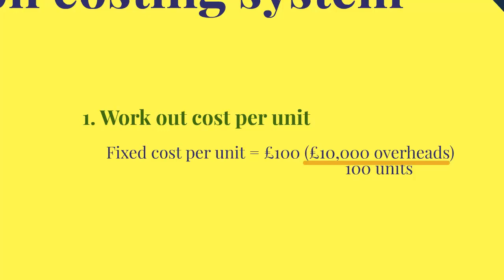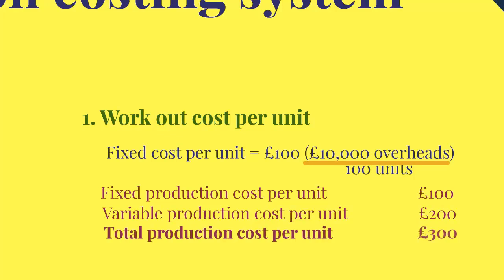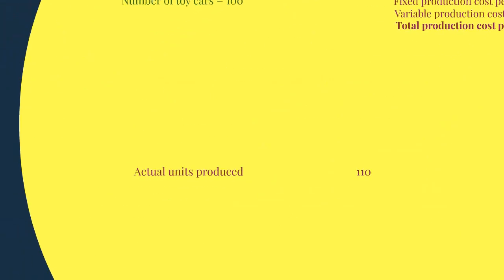So therefore our fixed cost per unit is £100 by dividing that £10,000 overheads by 100 units. So we've got our fixed production cost of £100 and we have our variable production cost of £200. That's the direct production cost, giving us a total production cost per unit of £300.